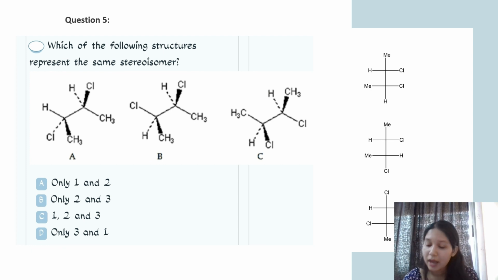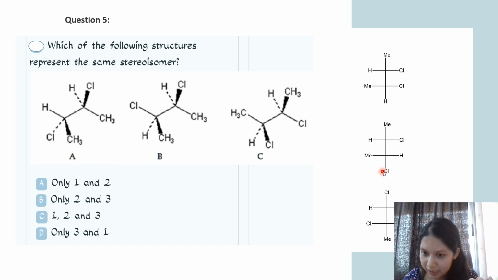But I hope you remember for the first question I said if two structures are interconvertible by rotating one of the structures by 180 degrees, that is by rotating it about a C2 axis of symmetry, and they become the same compound, then those two compounds are called identical. So for these two structures, let us take one of these.